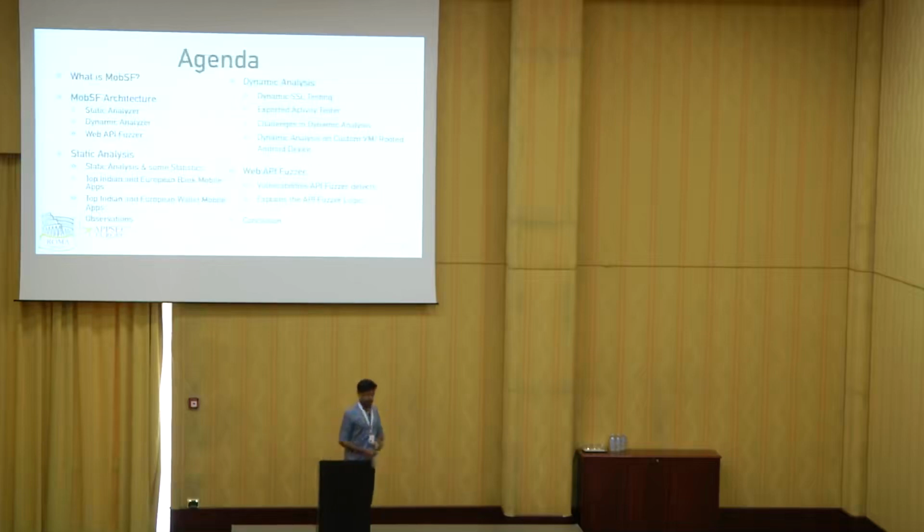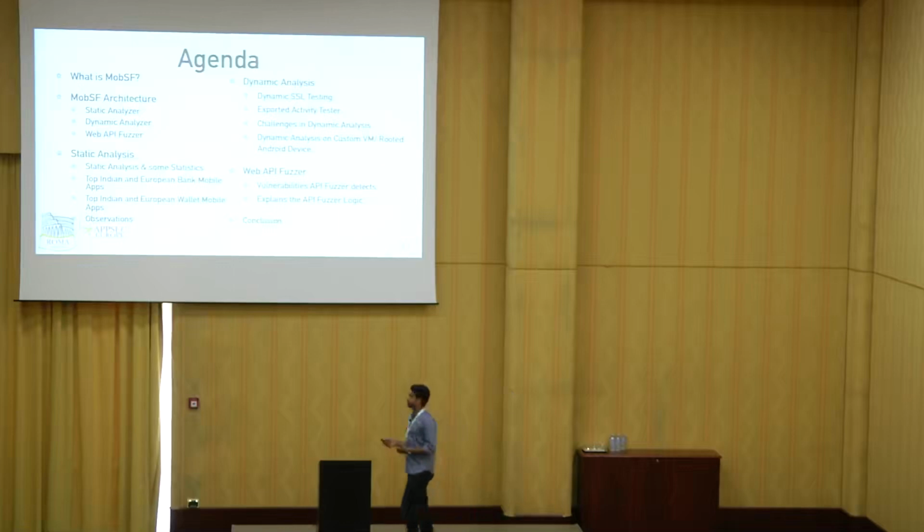Okay, so the agenda of the talk: I'll go through the architecture of Mobile Security Framework, where I'll be explaining the static analyzer, dynamic analyzer, and the web API fuzzer. In the static analysis phase, I did some analysis on the top bank applications, both in India and Europe, and similarly some of the most important top wallet applications.